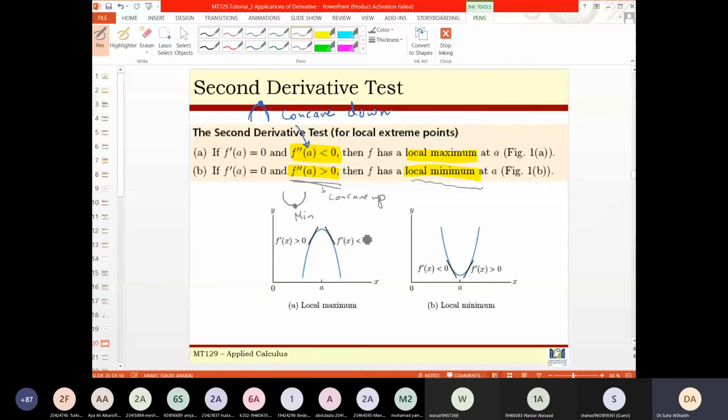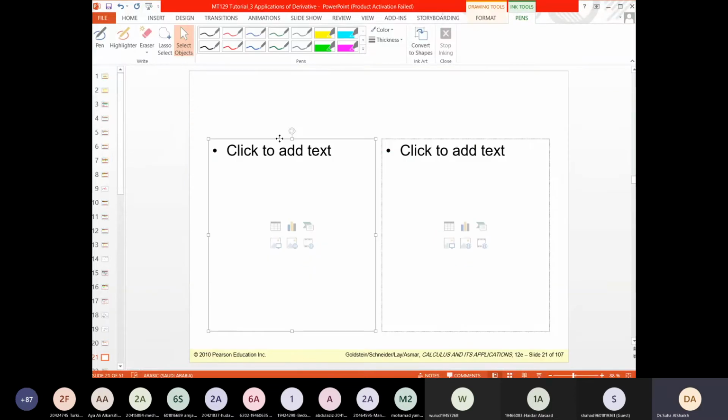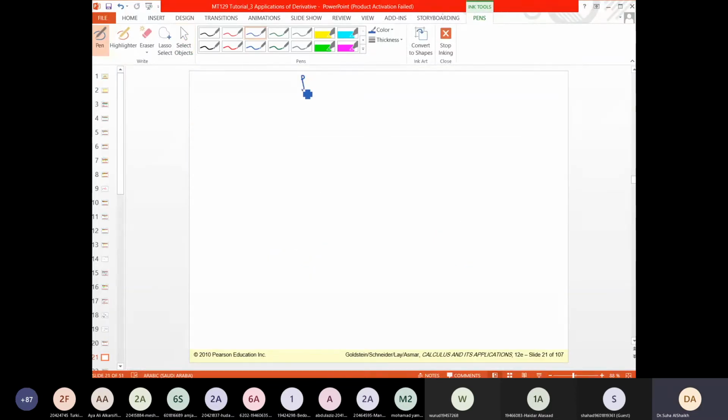Okay. Let me summarize this. If they give me a function which is f of x, I will find f dash of x. I'm gonna let it equal to 0. This will give me points. Say point x1 مثلا.